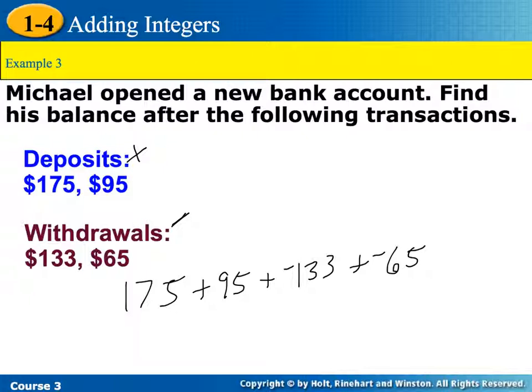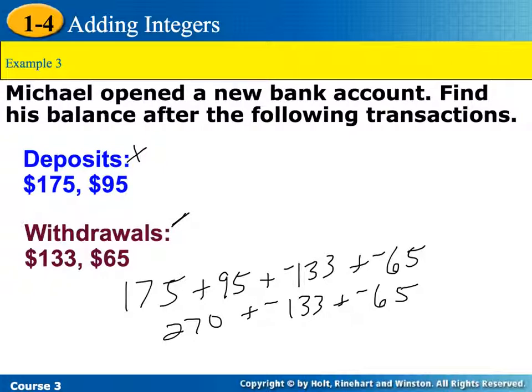So now I need to figure out what I have. 175 plus 95 is 270, plus I still have the -133 and the -65. So I take 270 plus a -133.